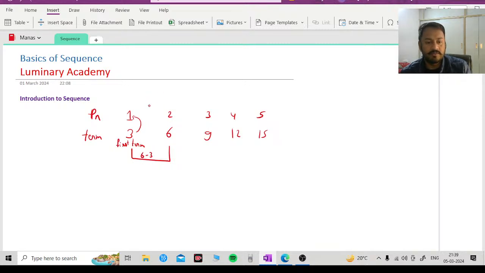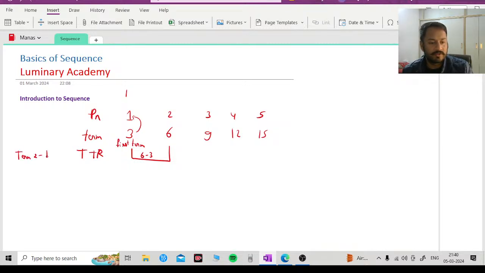Now the difference between the terms: we do 6 minus 3. To find the term to term rule, TTR, in the term to term rule we write term 2 minus term 1.